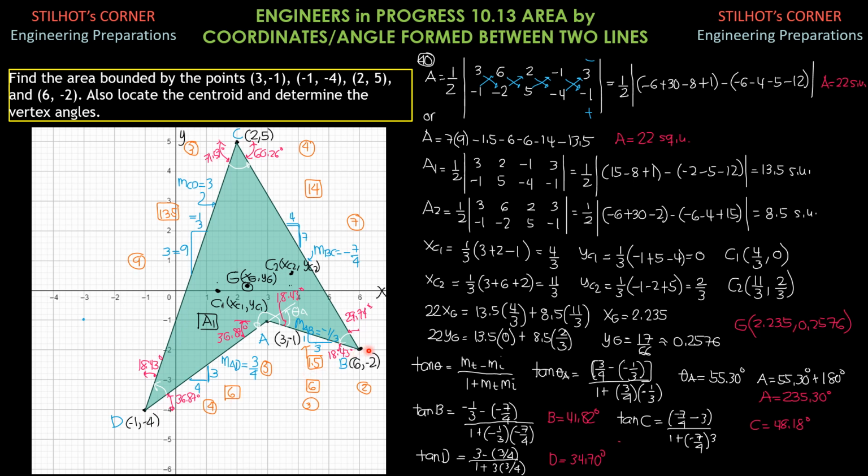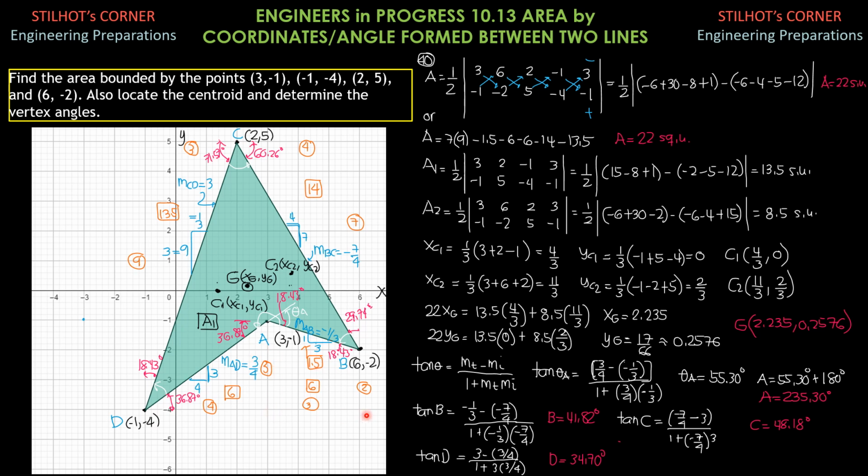Then we have here this right triangle. The horizontal distance is right x 6 minus 3, so 3. The vertical distance is negative 1 minus negative 2, so 1. So the area is 1/2 of 3 times 1, so 1.5 square units.